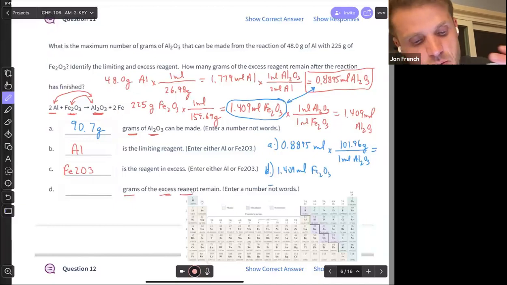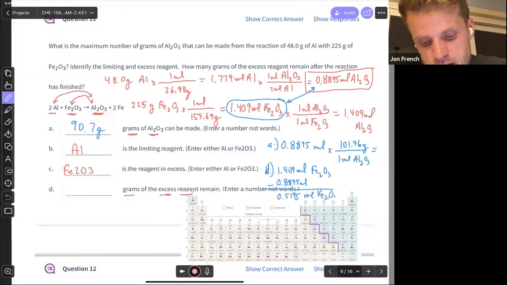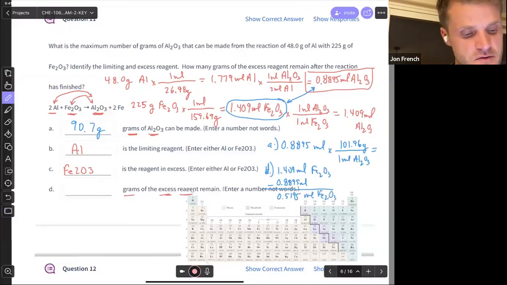And then, so we had 1.4 moles of iron 3 oxide. We end up using 0.8895 moles of that. Right, so we can subtract those two. 1.409 minus 0.8895. And we've got about 0.5195 moles of the iron 3 oxide left over.